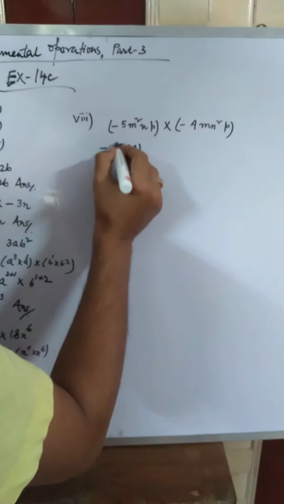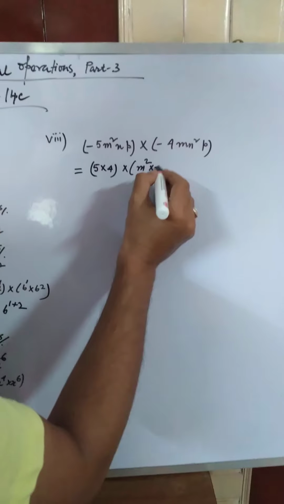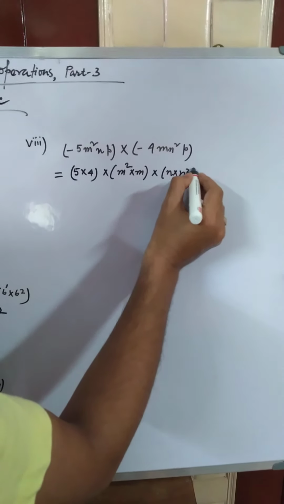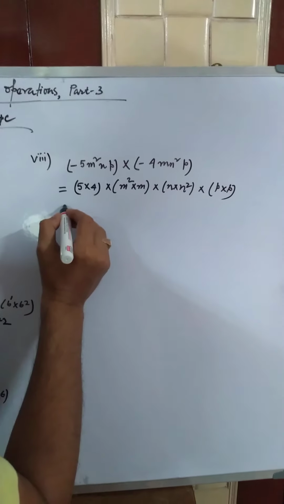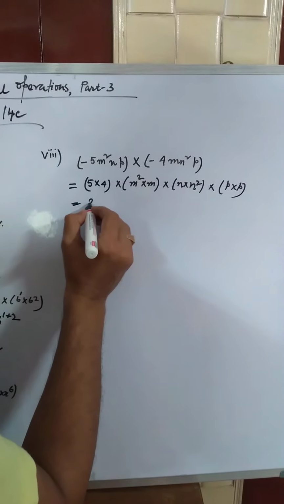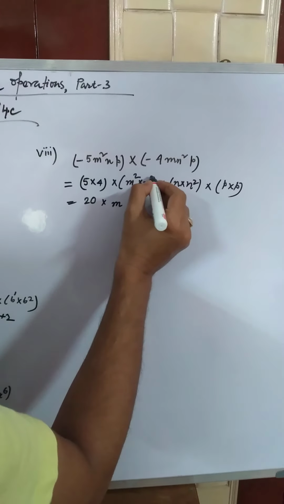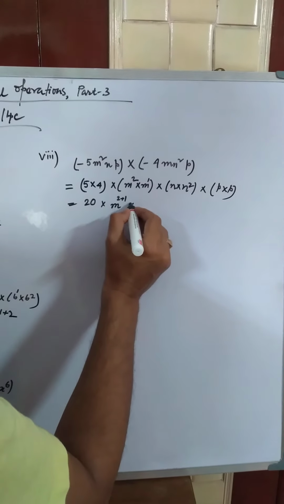So 5 into 4 into m to the power 2 into m into n to the power 2 into p into p. Now 5 fours are 20. Now m to the power 2 into m, that means m to the power 2 plus 1.